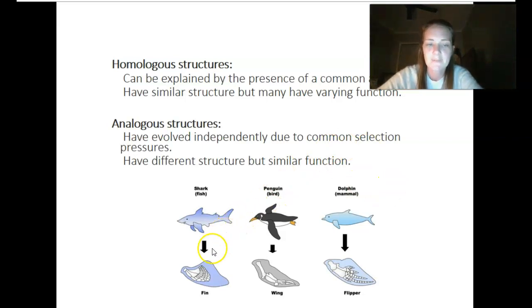These features have arisen independently after these animals have diverged from one another. The structure wasn't present in a common ancestor. They've evolved independently, and so they have that different structure, but the same function. That would be considered an analogous structure.